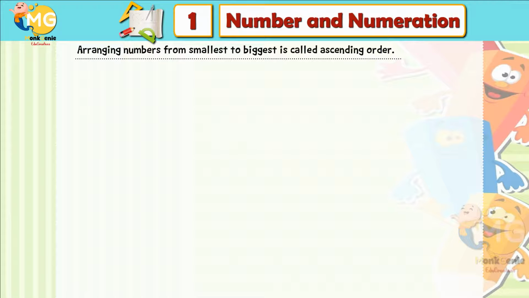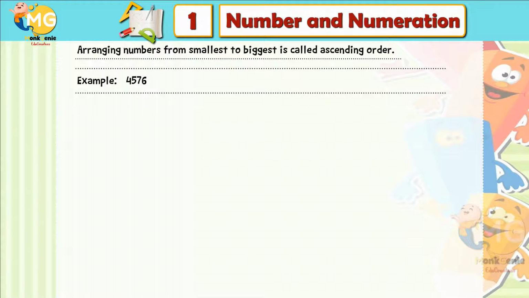Arranging numbers from smallest to biggest is called ascending order. Example, 4576, 4756, 4675, 4567, 4765 is 4567, 4576, 4675, 4756, 4765.